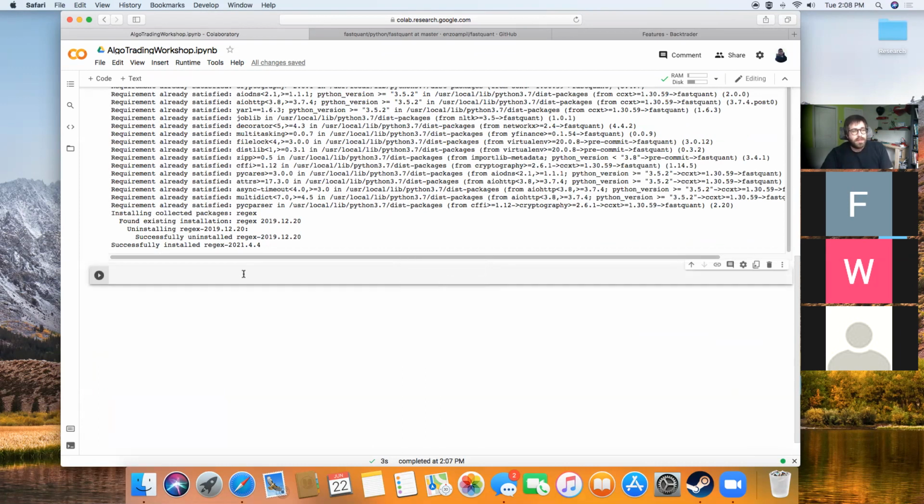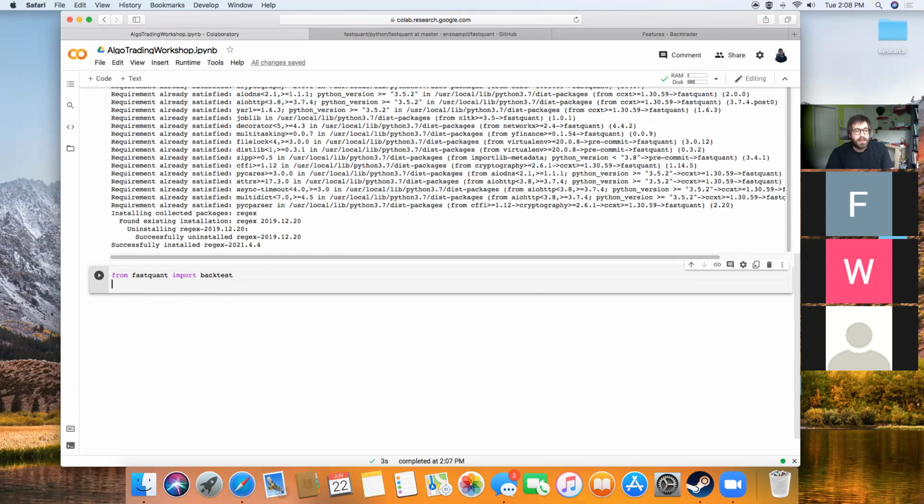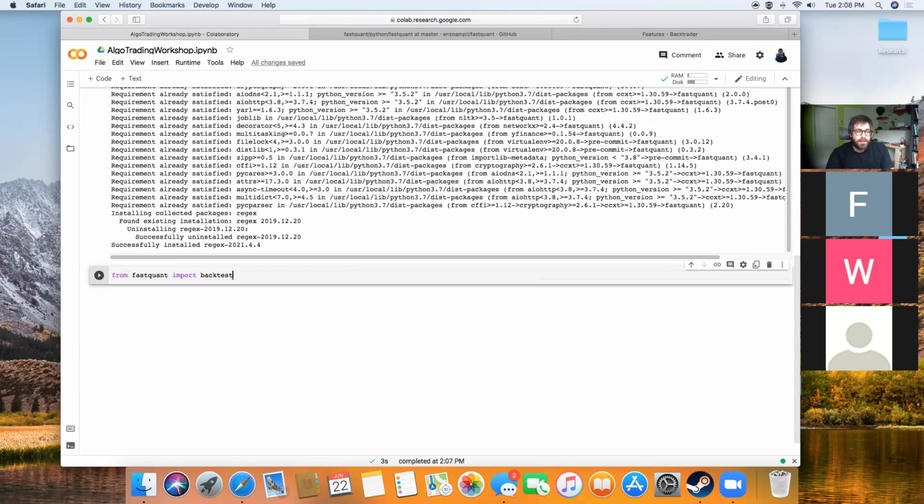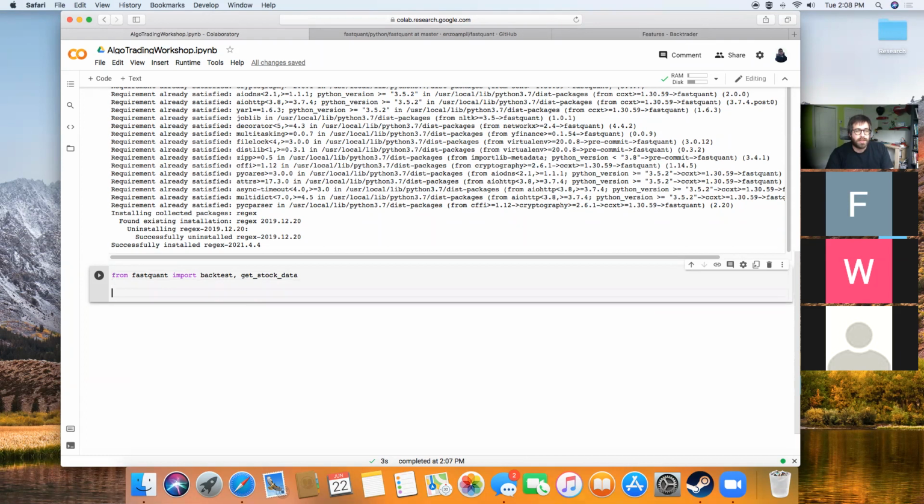So I'm adding another code cell here. And just to make sure everything is installed, I'm going to import from FastQuant. There's a function called backtest, which is the main function for doing backtesting. And I'm going to import also get stock data. This function uses Yahoo to get the stock information.